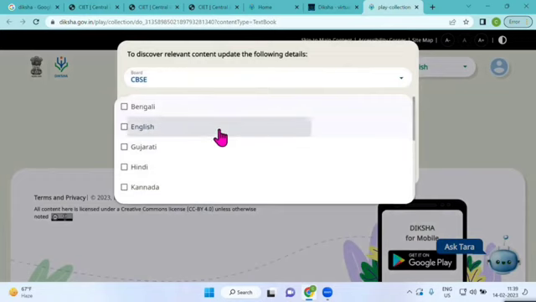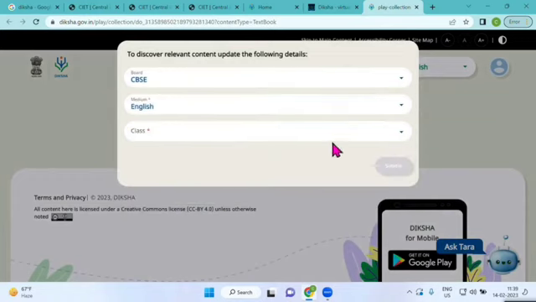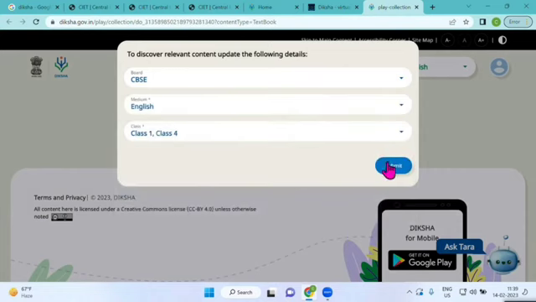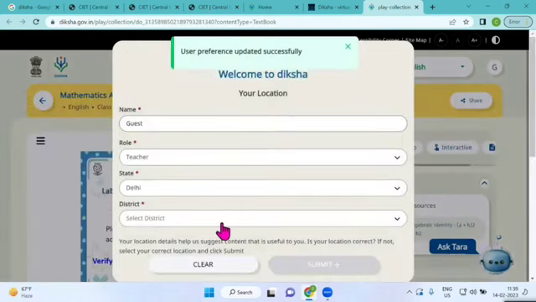So firstly we have to select the medium and the class. Okay, class.